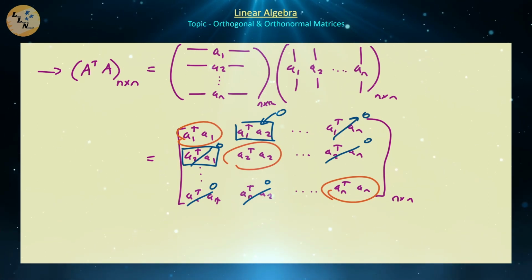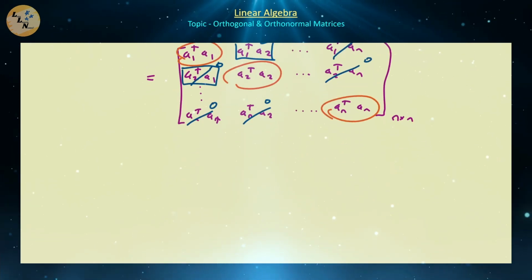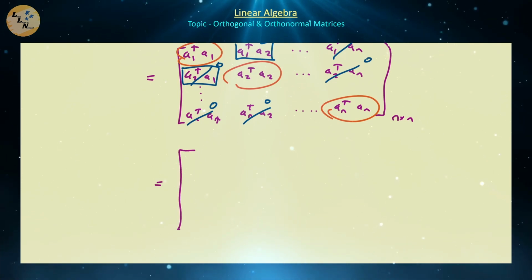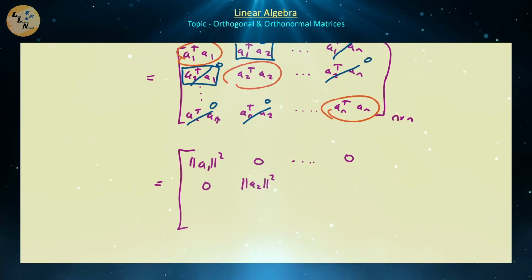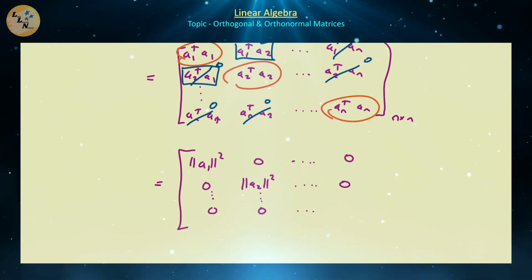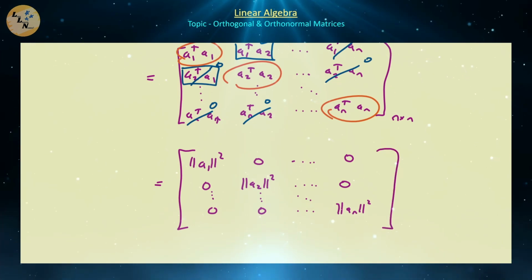So if we look at this particular matrix in a simplified version, this is precisely equal to the norm of A1 squared, 0, all the way down to 0, and then the norm of A2 squared, all the way down to 0, and then 0, 0, all the way down to the norm of AN, the quantity squared. So this is under the assumption that A is an orthogonal matrix.